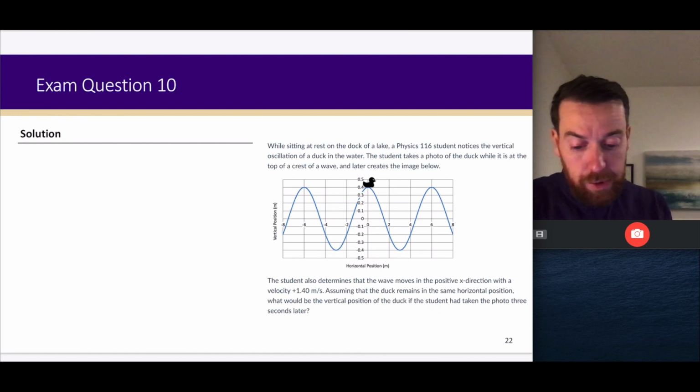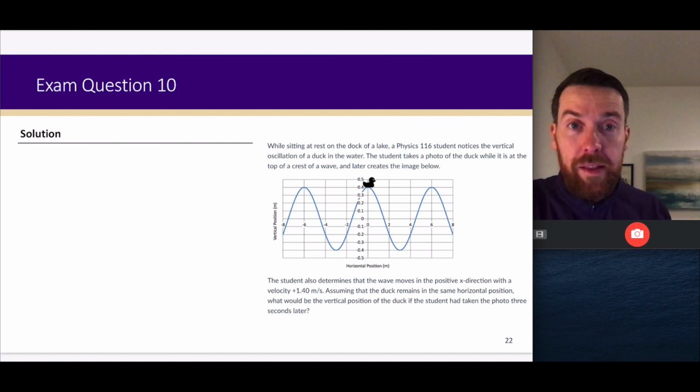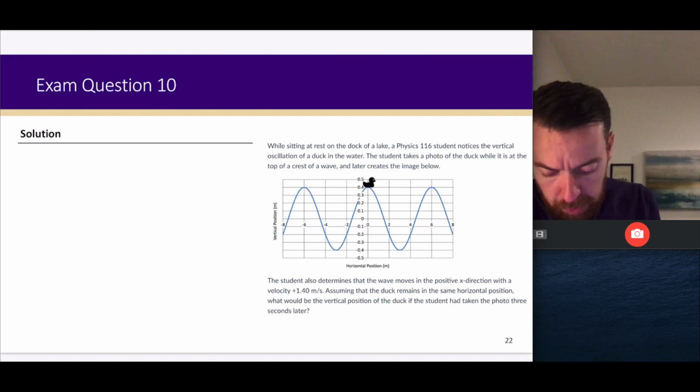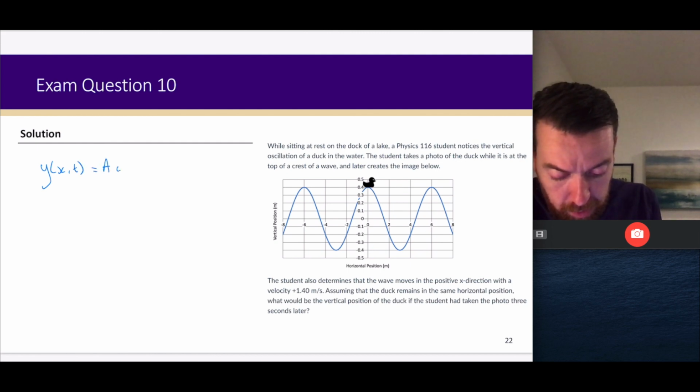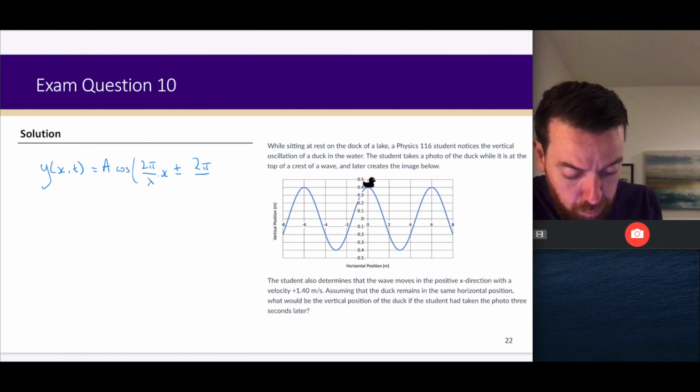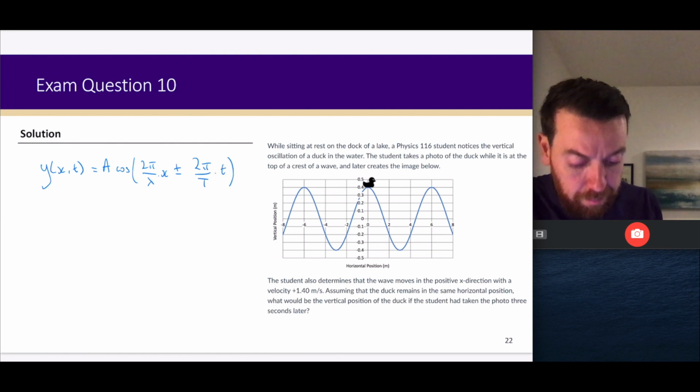As I mentioned, this question is getting at the wave equation. We're looking at y of x and t, given as a cosine of 2 pi over lambda times x plus or minus 2 pi over T times small t.